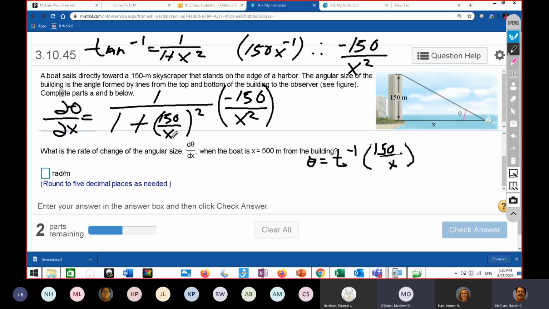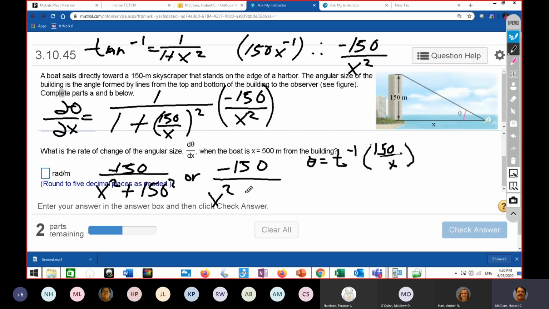Yeah, that's what I got. I just wanted to make sure that that was it, because I got two ways to write it: negative 150 over x squared plus 150 squared, or negative 150 over x squared plus 22,500.